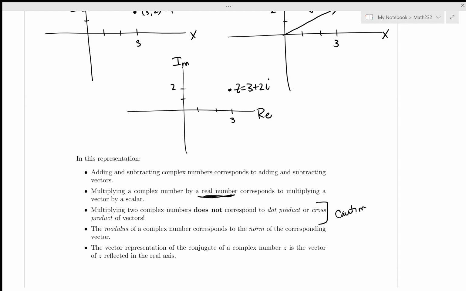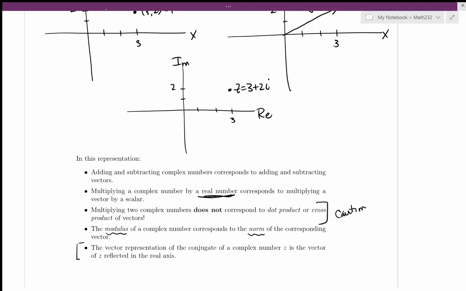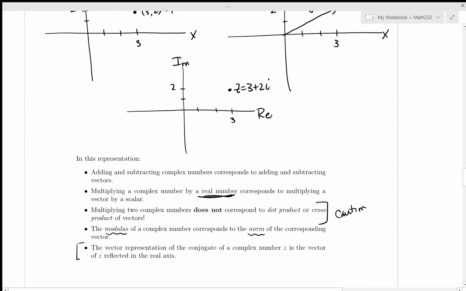Okay, the modulus, what we just saw a second ago, corresponds to the norm of the vector. And then the vector representation of a conjugate is the vector of z reflected across the real axis. So let's just draw this one here. I could imagine putting a vector here like that, and then the conjugate, z bar, would be 3 minus 2i, so I would go down here to minus 2, and that would be right here.